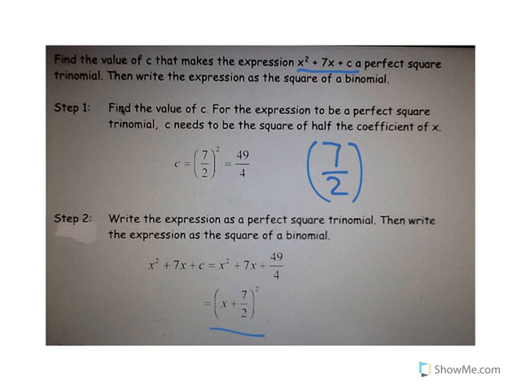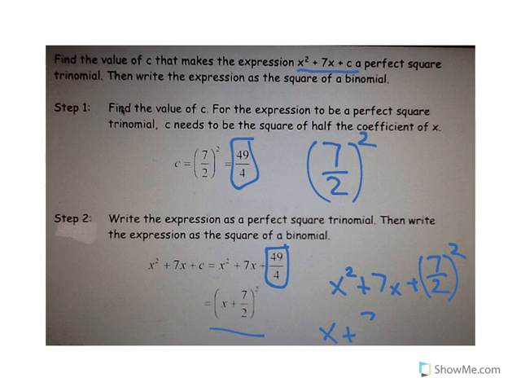But then it's squared. That's the reason why c has to be that in order for it to be a perfect square. I like leaving it like that because then if you want, you can write it out this way, and that's what you'll do on the other side of the equation. But this here, x squared plus 7x plus 7 over 2 squared, is just going to factor to x plus 7 over 2 squared.